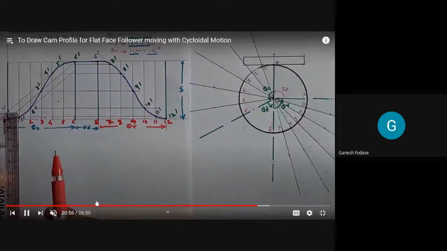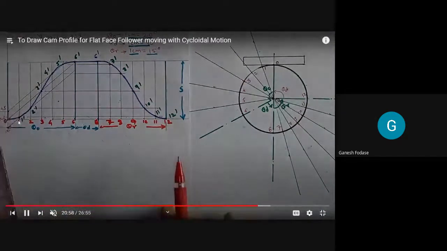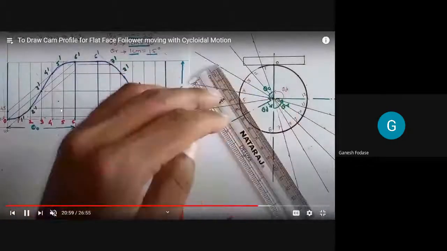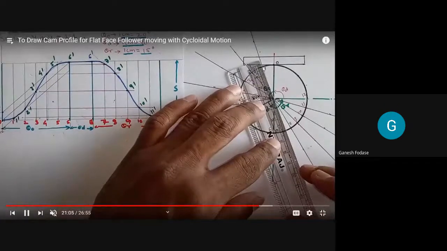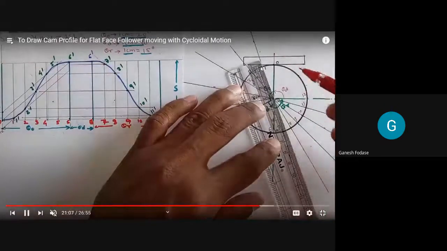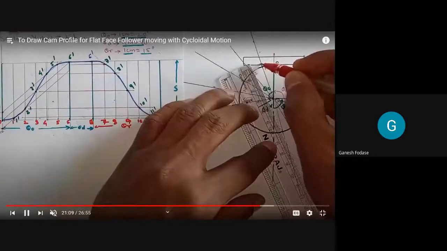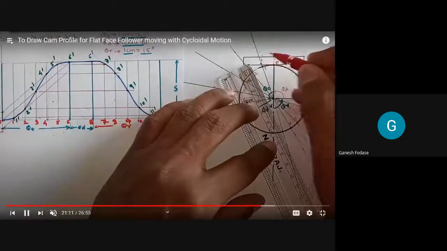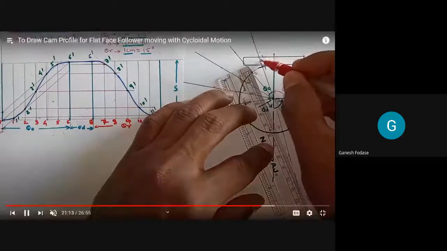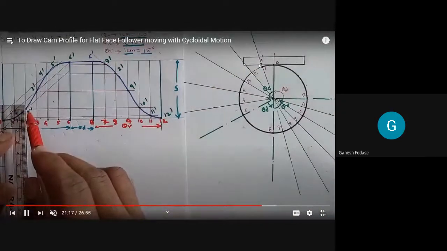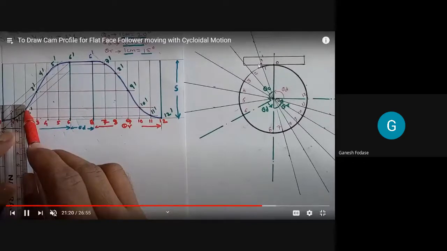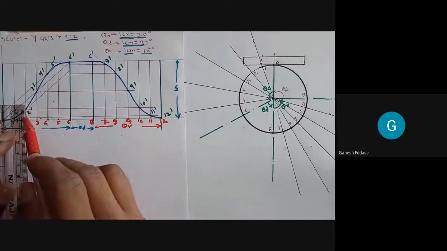So this one, you can see with the scale we are showing here, it is 1 dash, transfer here on this follower axis passing through 1 and 0. So from the base circle to 1 dash. So here it is 1 dash. We can mark with a compass also, 1 dash. Similarly, we get 2 dash, 3 dash, 4 dash, 5 dash points by marking the corresponding distance. So 2 dash, from the displacement diagram I have to transfer this distance, 2 dash.